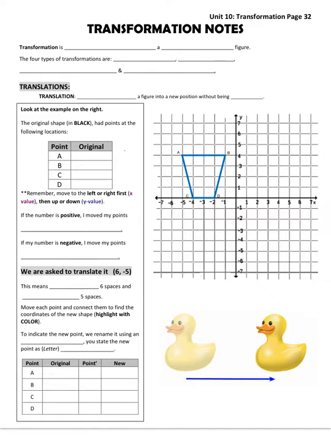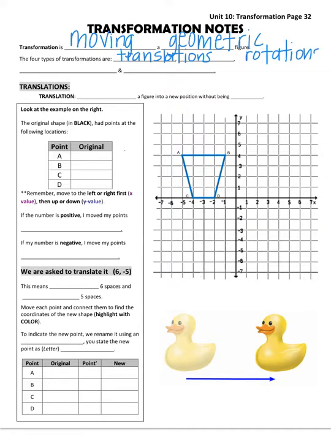Alright, so a transformation is moving a geometric figure. There are four types of transformations. The ones that we're going to look at are translations, rotations, reflections, and dilations.